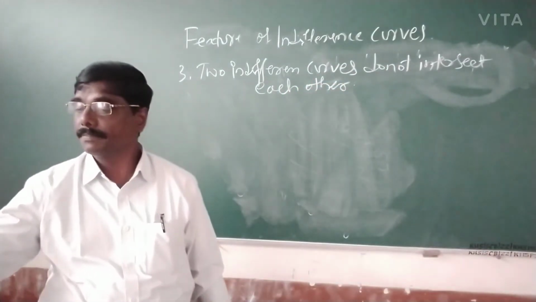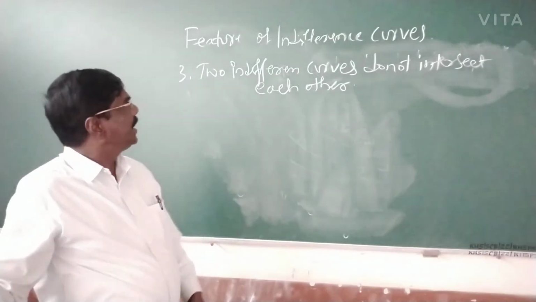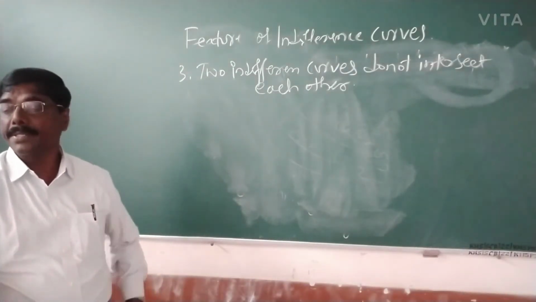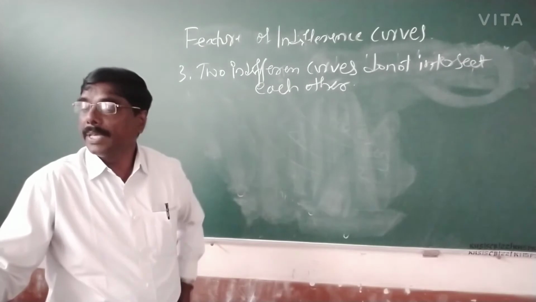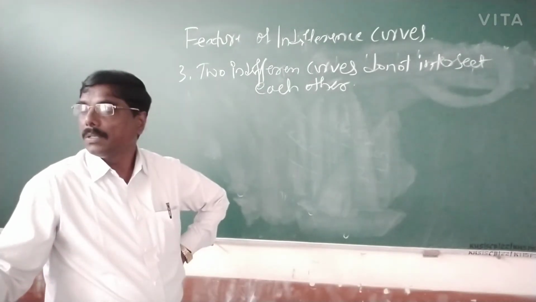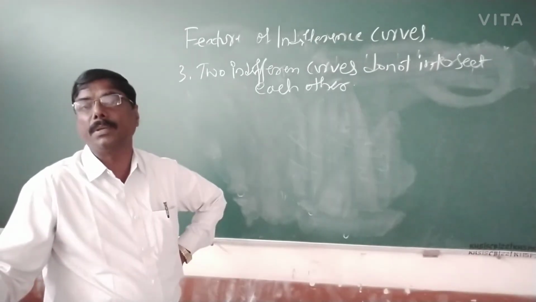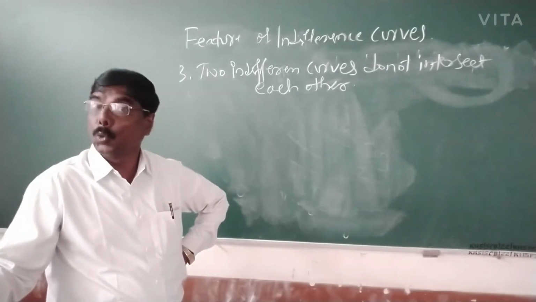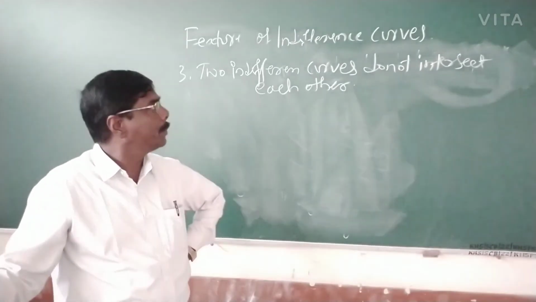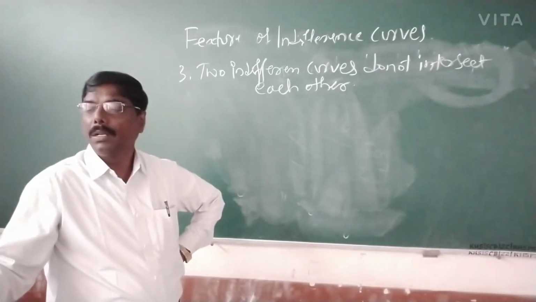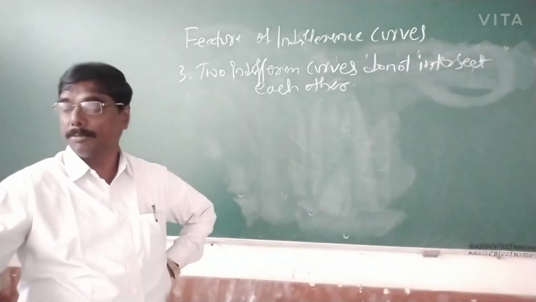It is very clear: two indifference curves do not intersect each other because they represent different sets of combinations of two goods, and these combinations provide unequal amounts of satisfaction.